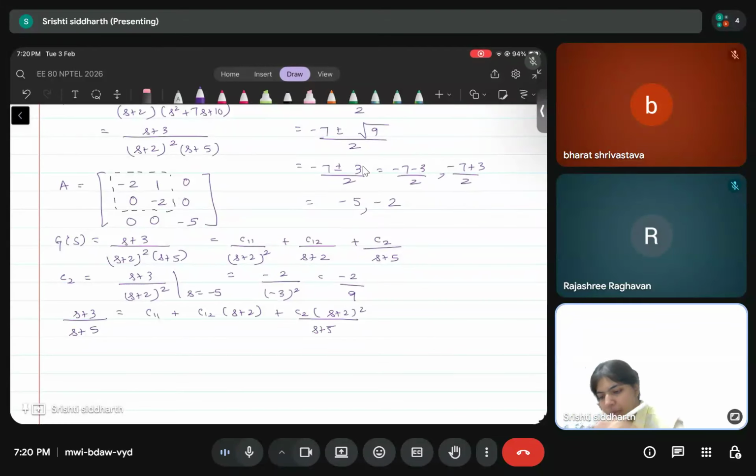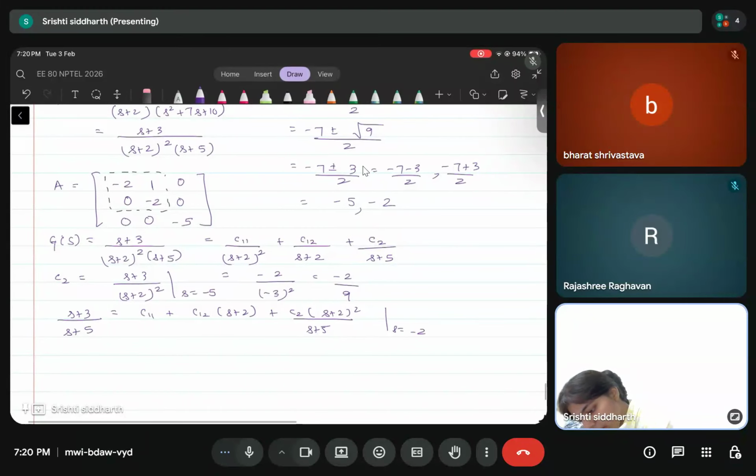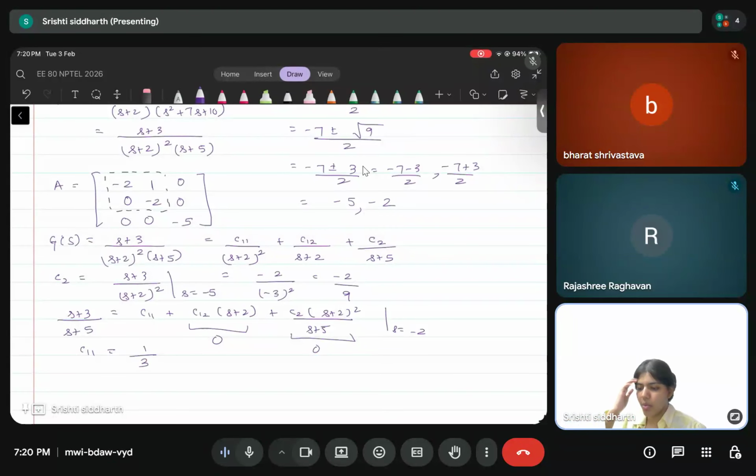And then if we substitute S equals minus 2 on both sides, we get, so this goes to 0 and so does this. C11 is 1 over 3. Now observe that we cannot do this for C12, right?